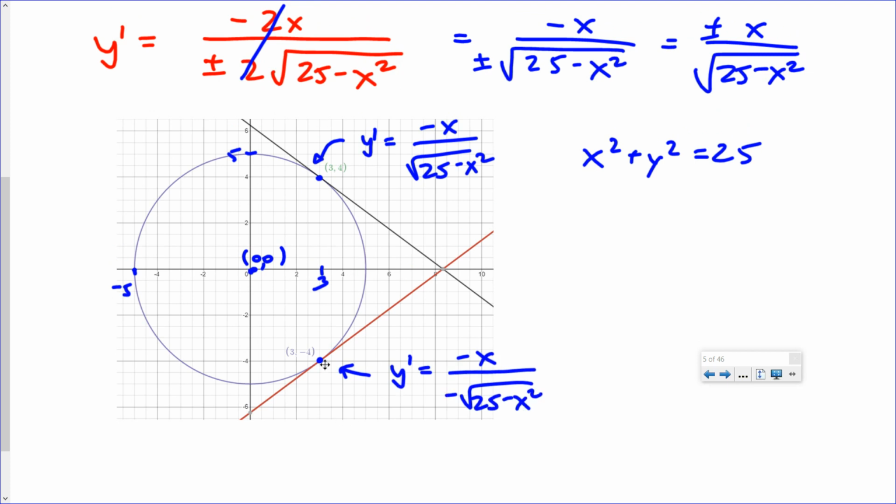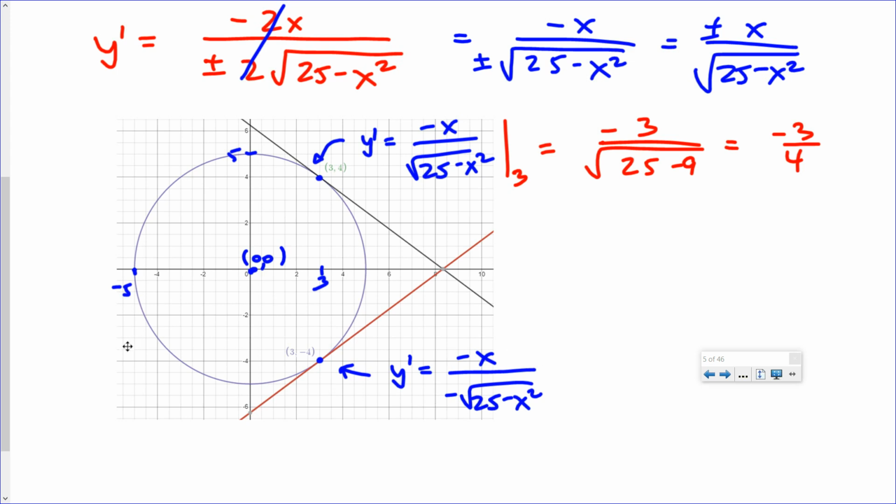There are 2 slopes because they're actually 2 tangent lines, okay? So how would I get the slope of this tangent line? Everywhere there's an x, I would put in a what? A 3. So let me try it. This would be negative 3 over the square root of 25 minus 9, which is negative 3 over 4. Okay, so this slope is negative 3/4.